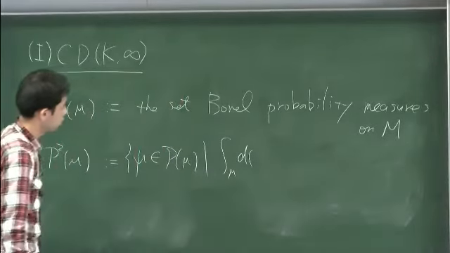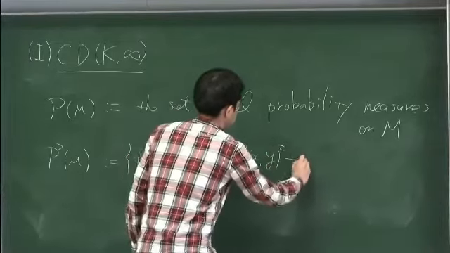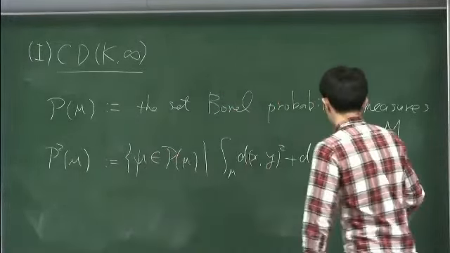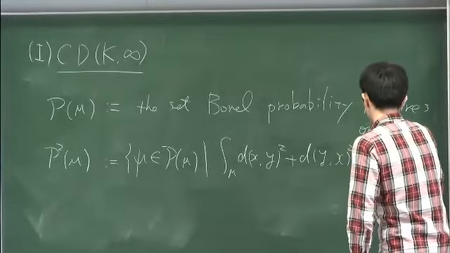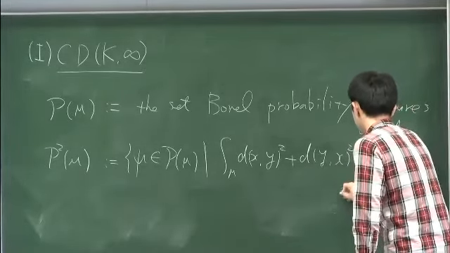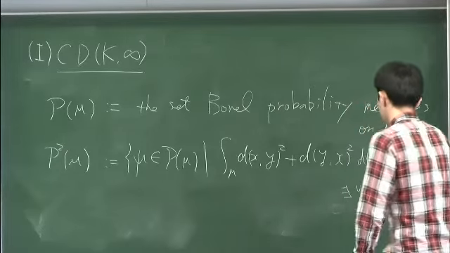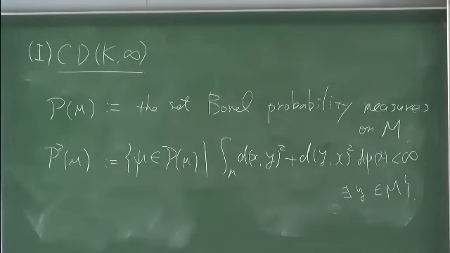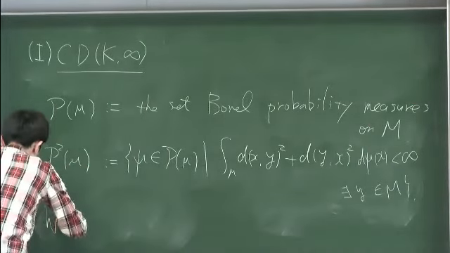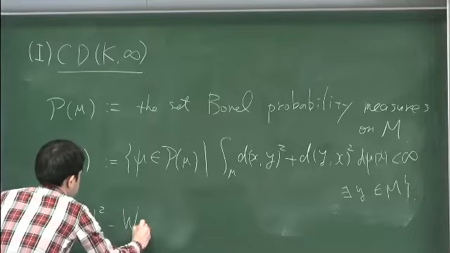But here the distance is not symmetric, so we assume both distances from and to y are finite, for some or any y. Then in this space P2 we can define the Wasserstein distance, the L2 Wasserstein distance.